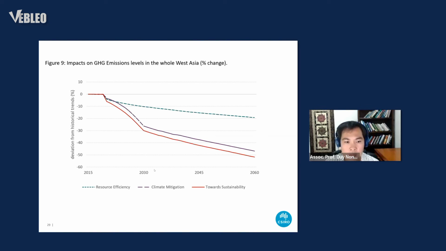But for the climate mitigation policy, emissions are reduced by about 46% in 2060 because we impose the carbon tax on emissions, and the industries try to reduce the demand for fossil fuel to reduce the financial burden of their emissions. That's why the climate mitigation policy reduces greenhouse gas emissions significantly.